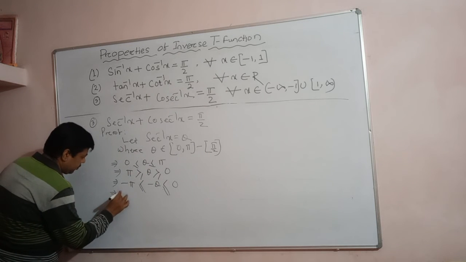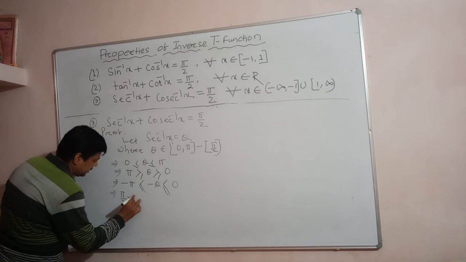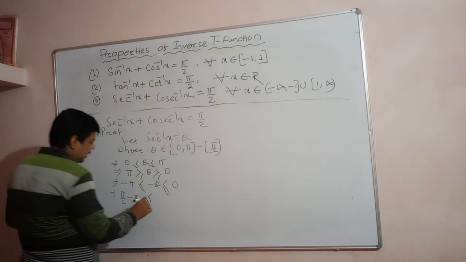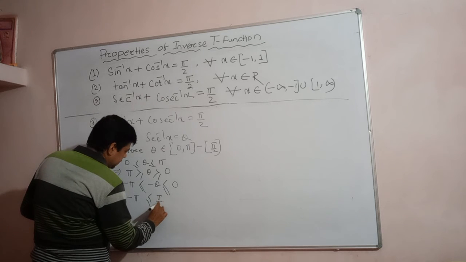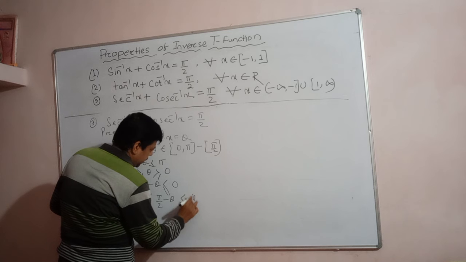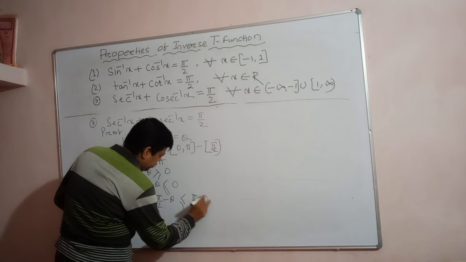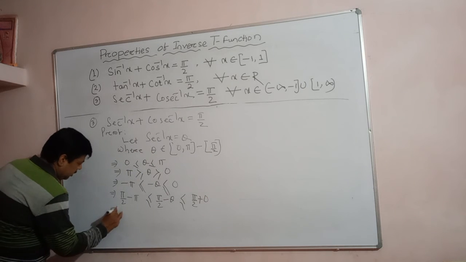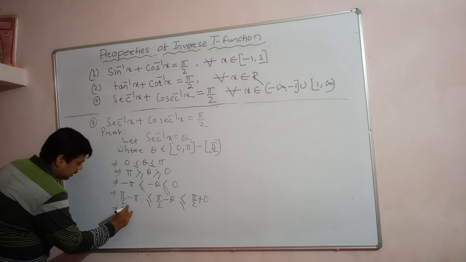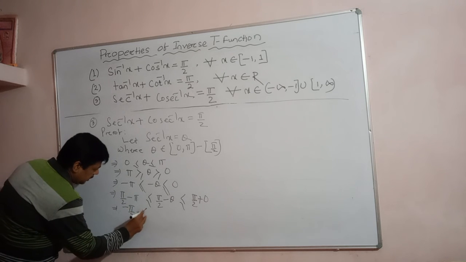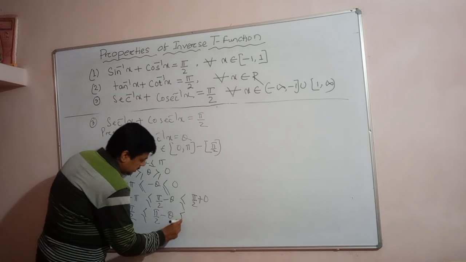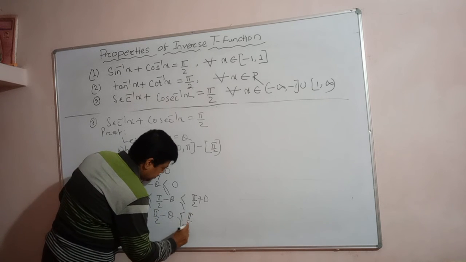That implies, put pi by 2 on both sides: pi by 2 minus pi is less than or equal to pi by 2 minus theta, less than or equal to pi by 2 plus 0. So pi by 2 minus pi is minus pi by 2, and minus pi by 2 is less than or equal to pi by 2 minus theta, less than or equal to pi by 2.